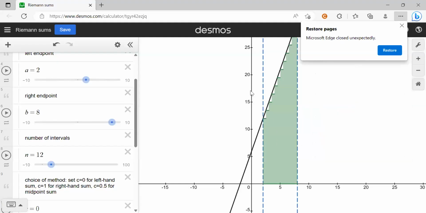Okay, let me share screen. Let's take a look. Can you see the shared screen?